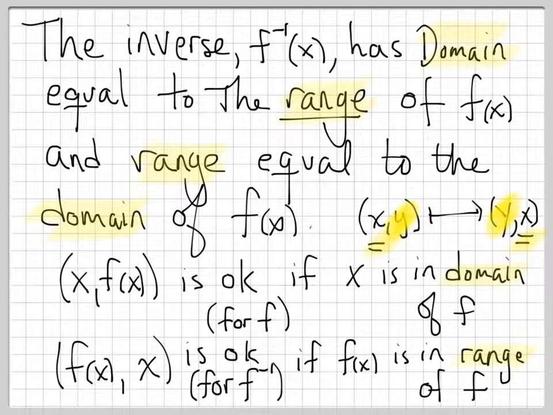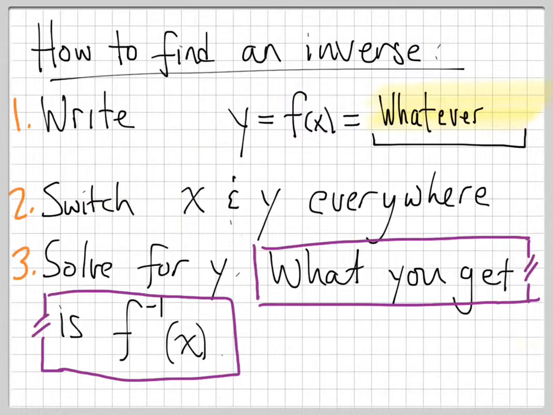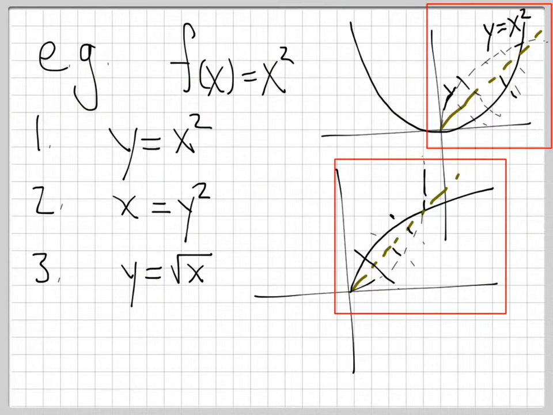So when is it okay? That's the question of domain. What can you plug in? Well, what you can plug in for f is what you can get for f inverse, and what you can plug in for f inverse is what you can get out of f. So let's look back here. The square function, the actual function that we're working with, can't make negative numbers.